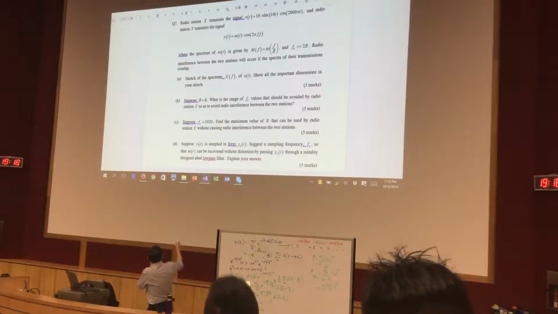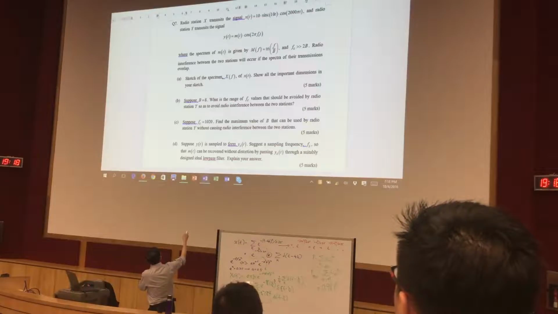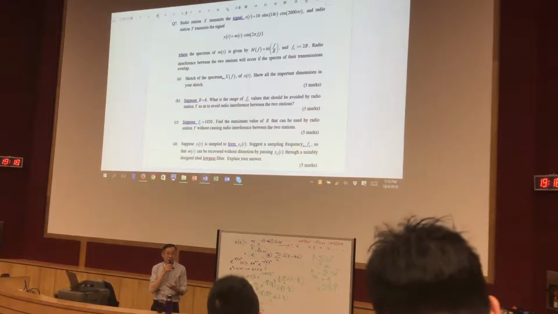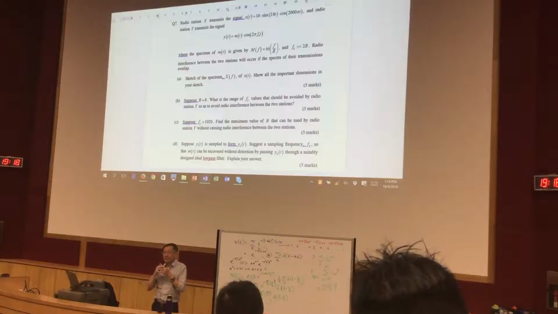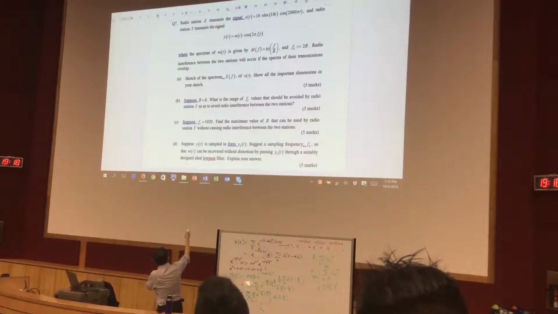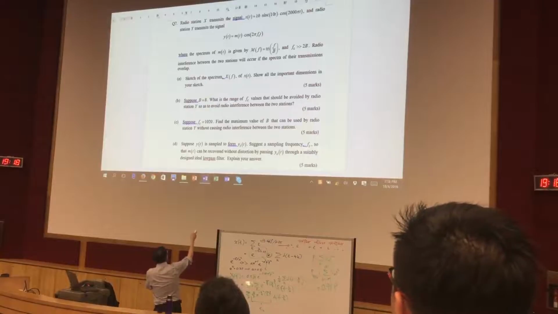The second signal has a message M, where the spectrum of M is given by a triangle, from plus B to minus B, centered at plus and minus FC, and FC is much greater than 2B.